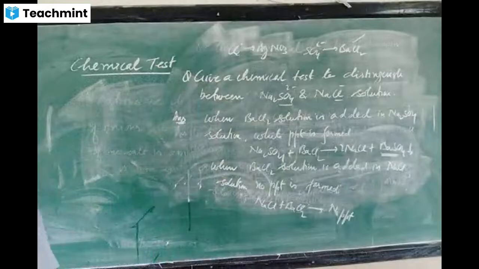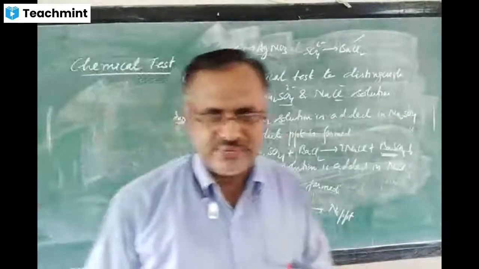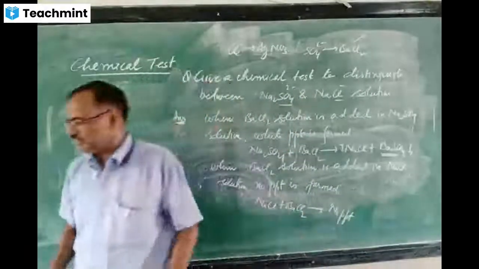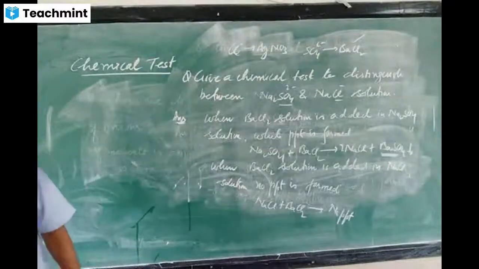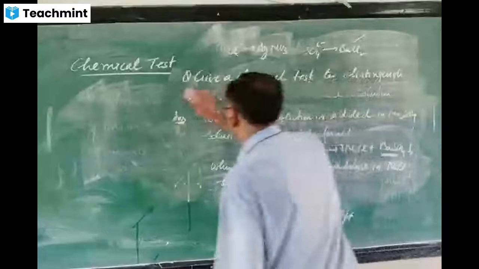Now, next question. Two types I have already given you: cations are different and anions are different. Now the third type I am going to give you: one is an ammonium salt, the other is a non-ammonium salt.